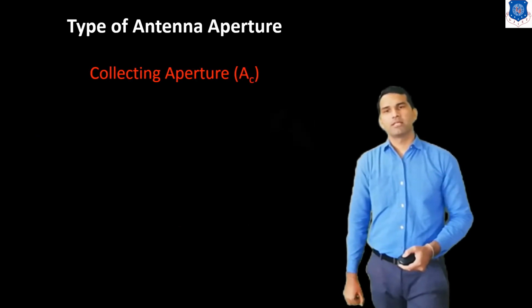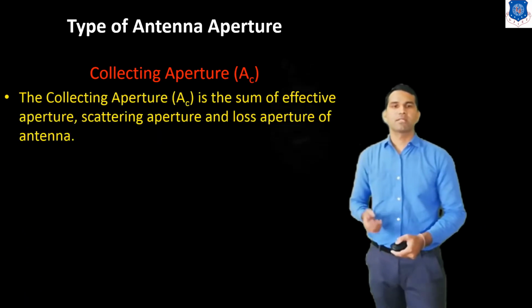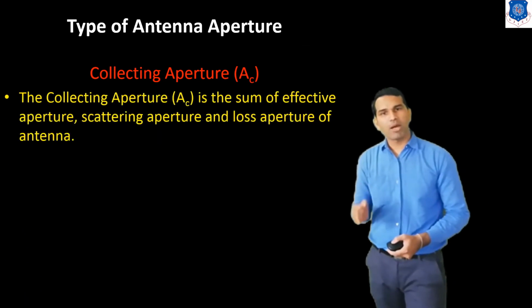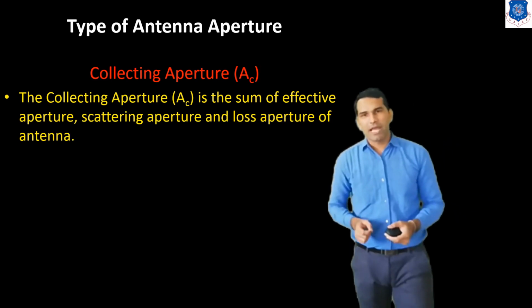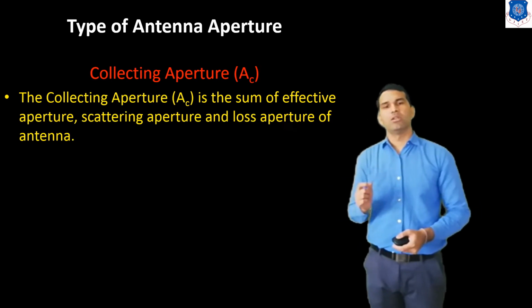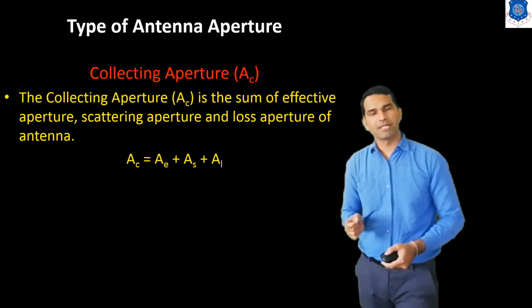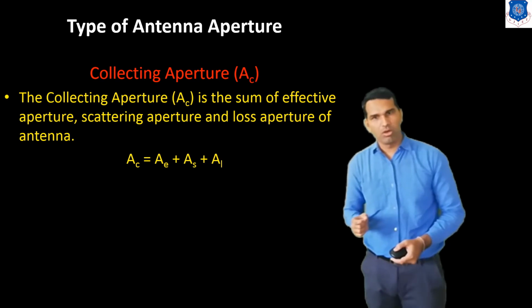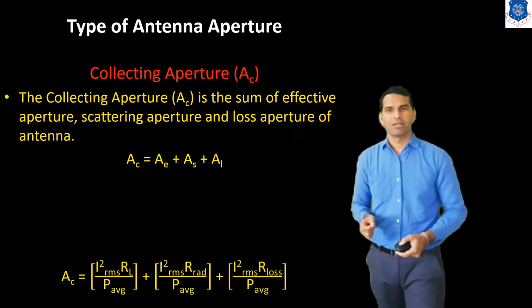Now the next one is the collecting aperture. As the name suggests, the collecting aperture is the sum of the effective aperture, scattering aperture and loss aperture. So we can write AC, that means collecting aperture, equals AE plus AS plus AL.